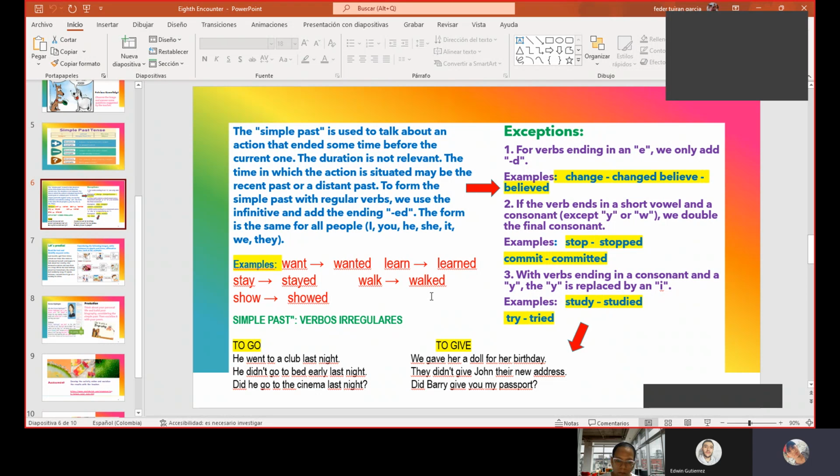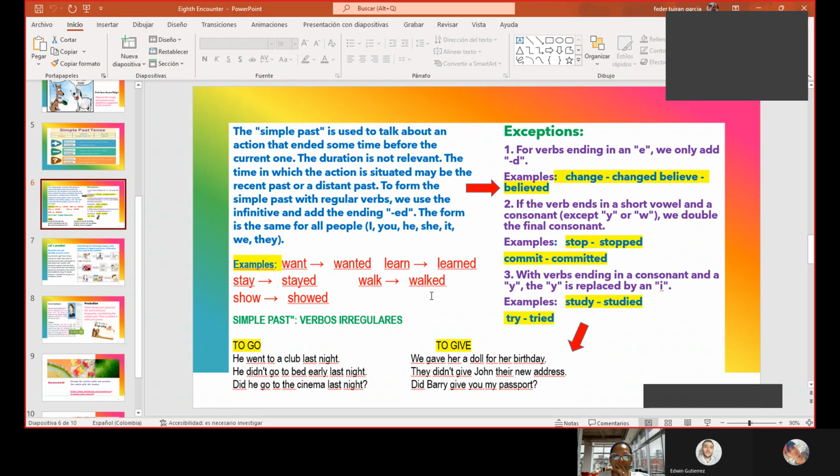When do we use irregular verbs? It all depends on the question, or on the sentence you are talking about. We need to identify which is an irregular verb and which is a regular verb.